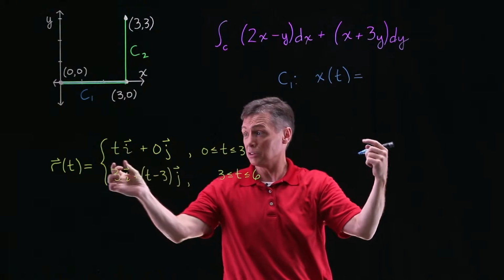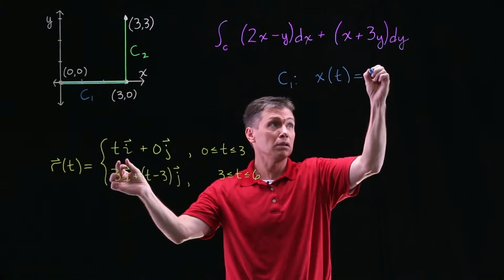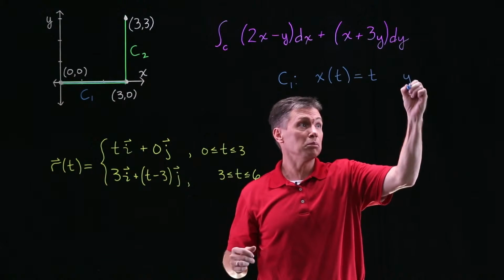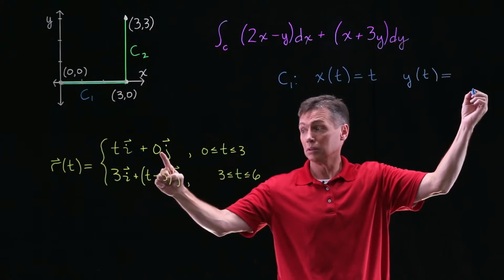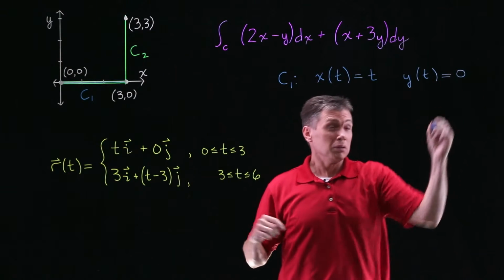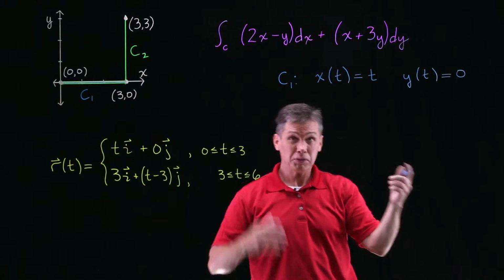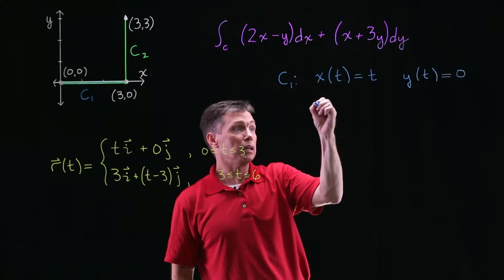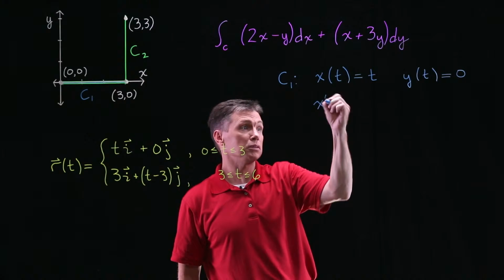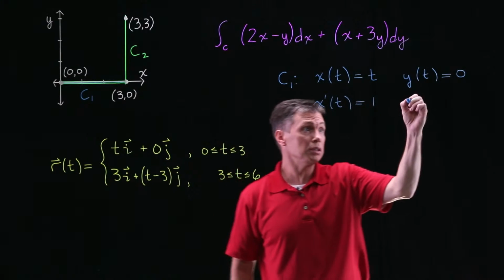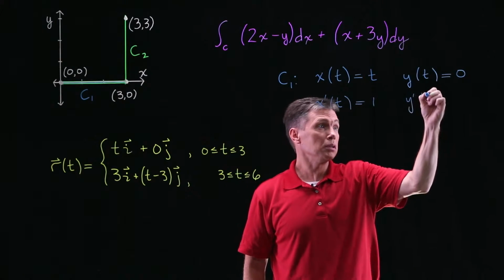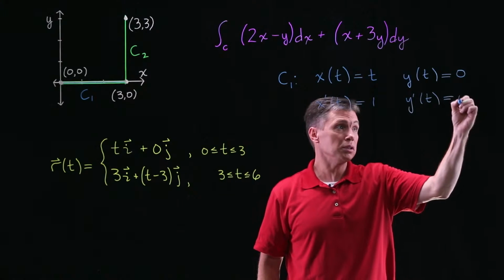That's actually just your t right there. And I'll even state my y of t, which I know was 0 right here. I want to see what x prime is, so just differentiate. That equals 1 here, and y prime of t equals 0 here.